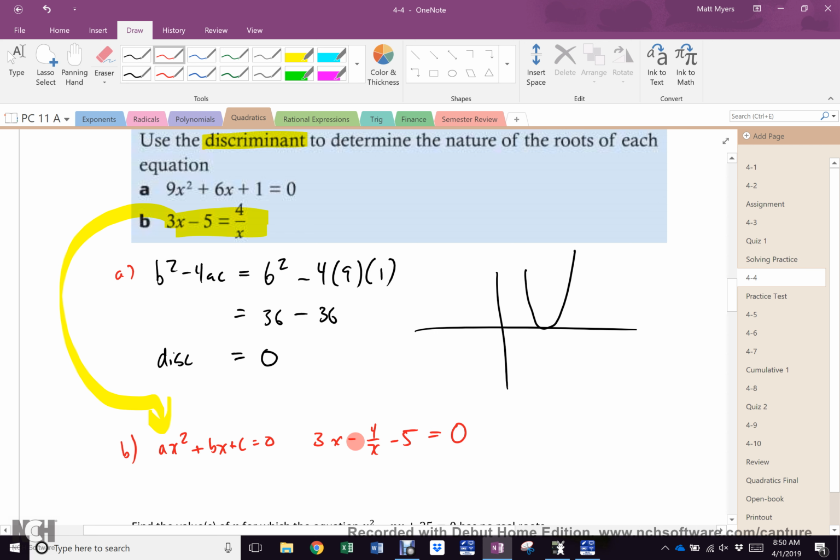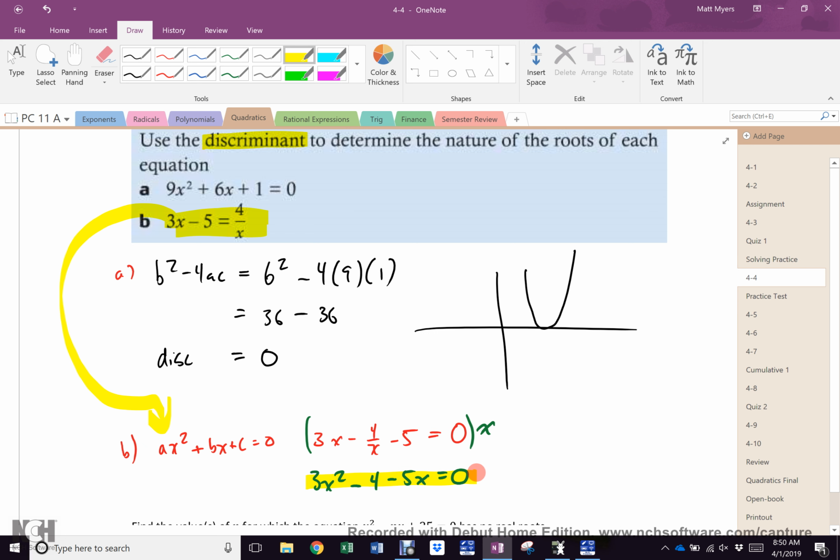Now, as Emma says, we got to get rid of this x, because do you see any fractions here? No. So we're going to multiply everything by x, giving us 3x squared minus what? 4 minus 5x equals 0. Now, is this okay? It's okay, but it's not okay, right?